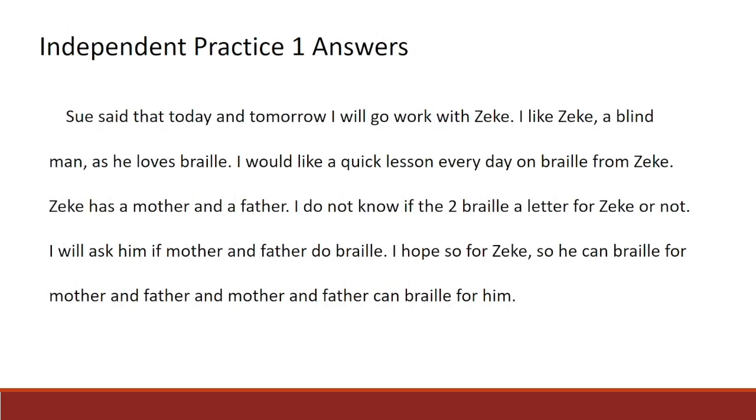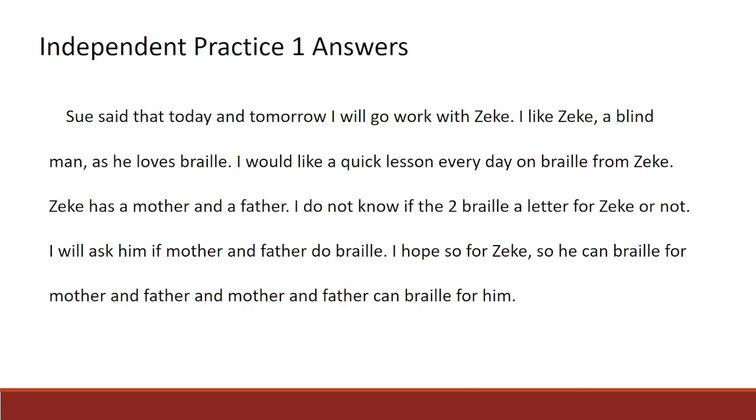Here are the answers to independent practice 1. The paragraph should read, Sue said that today and tomorrow I will go work with Zeke. I like Zeke, comma, a blind man, comma, as he loves Braille, period. I would like a quick lesson every day on Braille from Zeke, period.